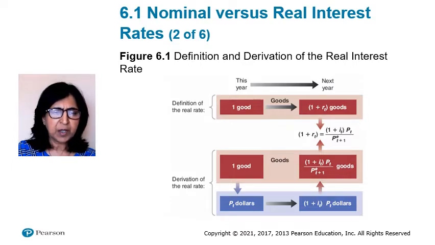After a year, if the nominal interest rate is i_t, then you have P_t times 1 plus i_t dollars. After 1 year, the expected price level will be P^e_t+1. If we adjust the nominal return by dividing it by the new expected price level, we will get the real return, or the real interest rate earned on the investment of buying one good for P_t dollars.